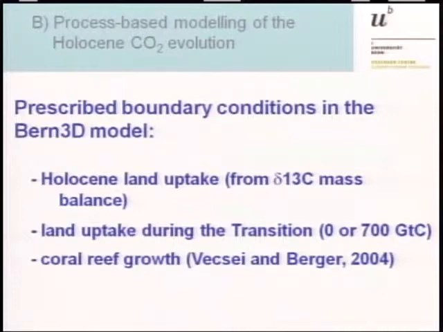Basically, we consider two cases: no land carbon storage or an uptake of order 700 gigatons of carbon. And finally, a few years ago, there has been coral reef growth reconstructed by Vecsei and Berger based on the sea level evolution and other evidence from coral reefs.